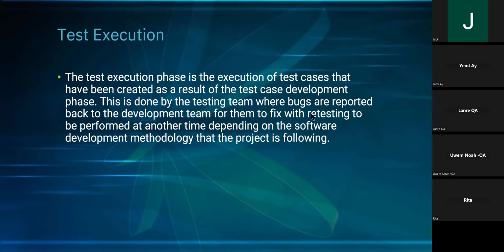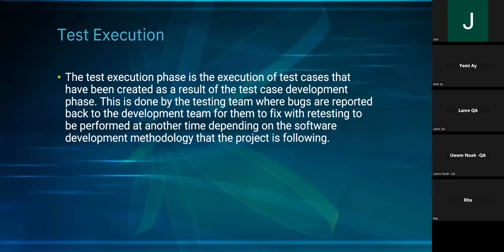So this word, retesting. I'm going to take another two words. Please write them down: retesting and regression. Retesting: when a bug is found, for example, if you try to log in and you can't log in, it's giving you an error or the page crashes, that is a bug.